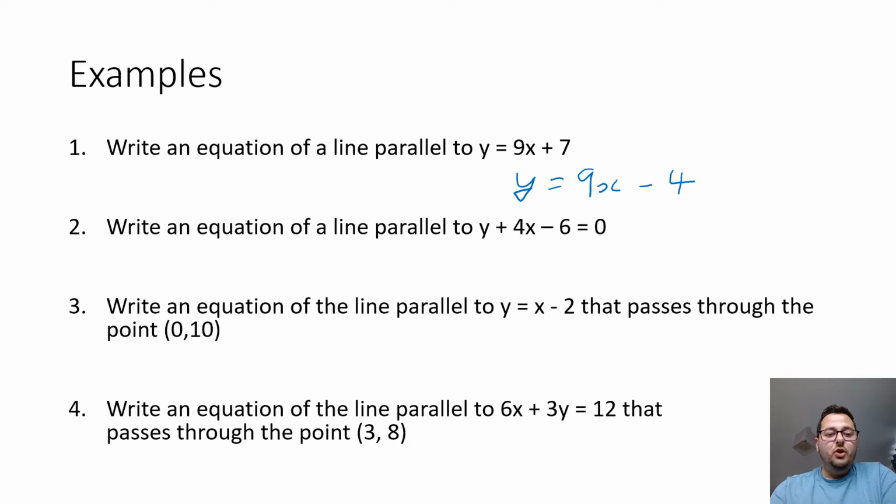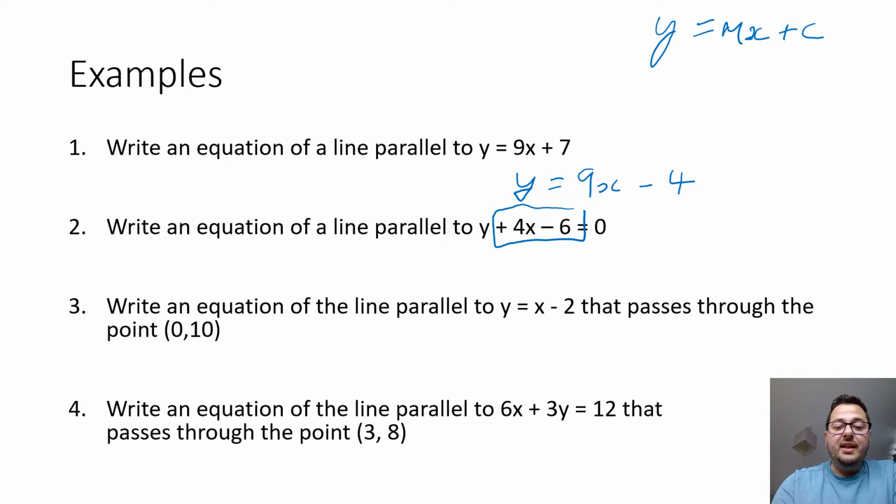Okay. Number two, write an equation of a line parallel to y plus 4x minus 6 is 0. So we just need to rearrange this a bit to make it into the form that we like, which is y equals mx plus c. We want y on its own, so we're going to get rid of these two. We've got a plus 4x, so we'll minus 4x, and we've got a minus 6, so we'll plus 6.